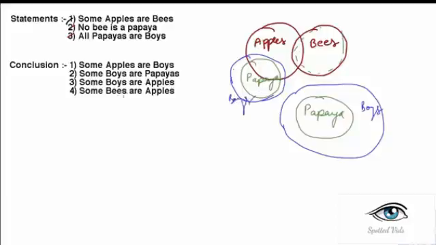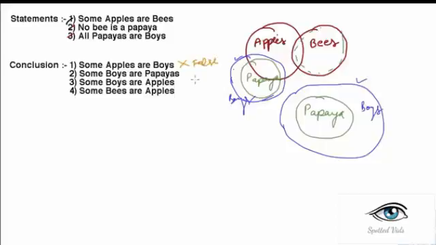So now move on to the conclusions. Some apples are boys. So if we look at this one it is right, but there is a second possibility. So here is no relation between apples and boys. So this conclusion can't be found. This is false.